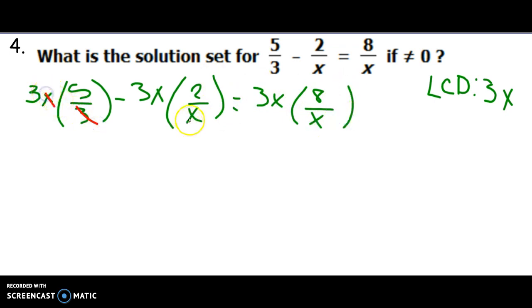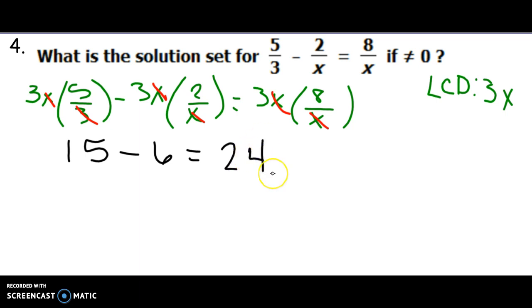The 3 cancels, the x cancels, and the x cancels. What I have left is 3 times 5 is 15. -3 times 2 is a -6. 3 times 8 gives me 24. And what happens here? There are no variables, so this one is no solution.